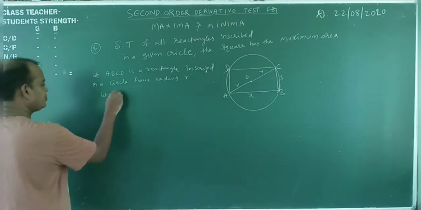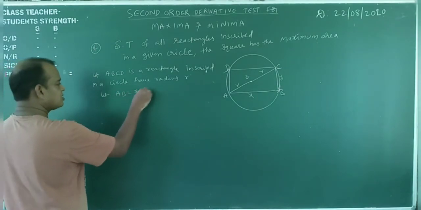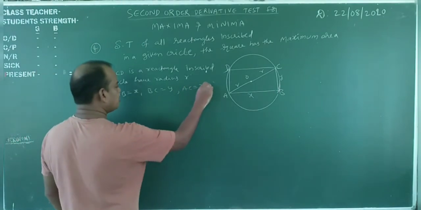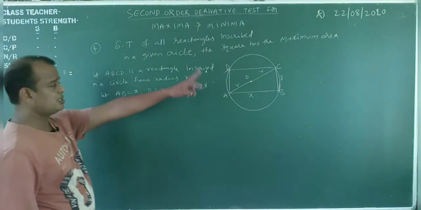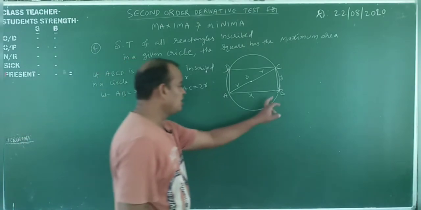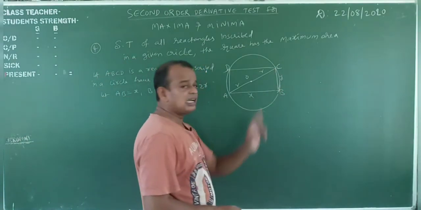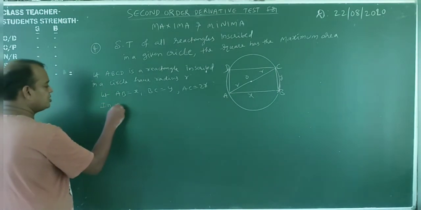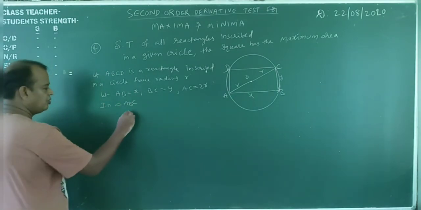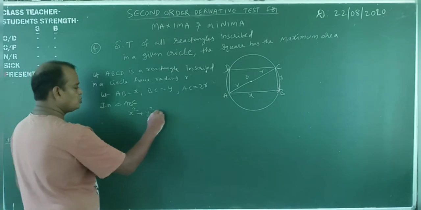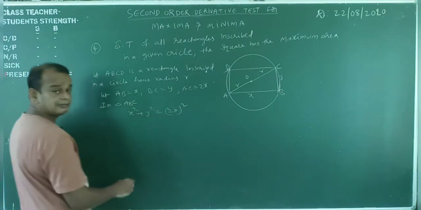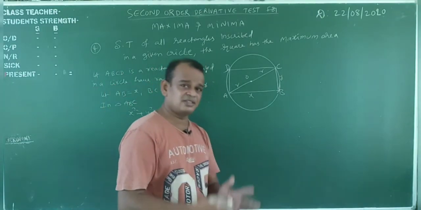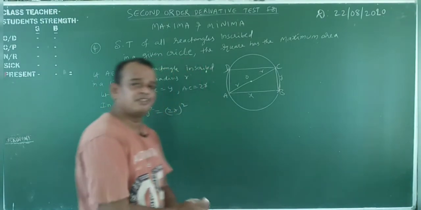Let AB is equal to x, BC is equal to y, length and breadth. Now ABC is a right angle triangle, 100%. In a rectangle, at each vertex the angle is 90 degrees. Now in triangle ABC, x square plus y square is equal to (2r) whole square. No doubt at all. First, what is given? You write the basic concepts. What is given? You write each and every one.